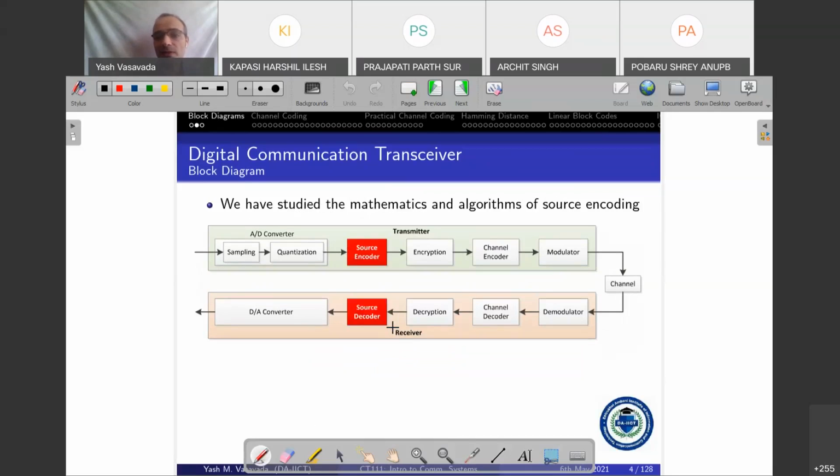This is also called the physical layer. The actual digital communication system has multiple layers. It's like the layers of an onion. So this physical layer is considered to be the heart of the digital communication system. This is what pumps the blood, so to speak.